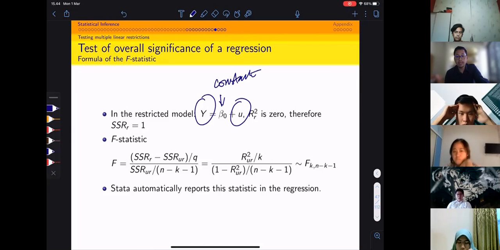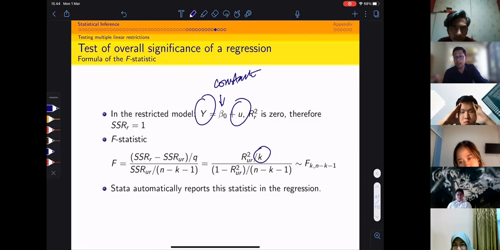And so in this particular case, since the SSR restricted is going to be the total sum of squares, and then the SSR unrestricted is going to be some value, we're just going to use the r squared of the unrestricted. And what's the number of restrictions? The number of restrictions is actually the number of variables. Now, Stata is going to automatically report this statistic in the regression.